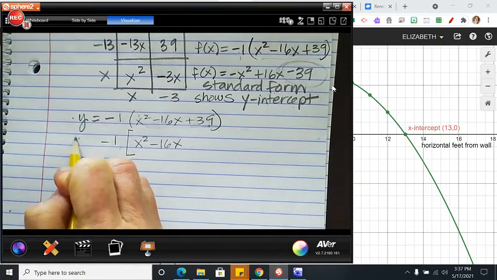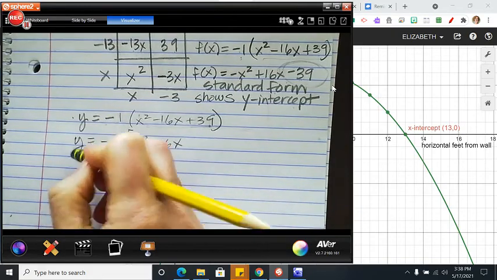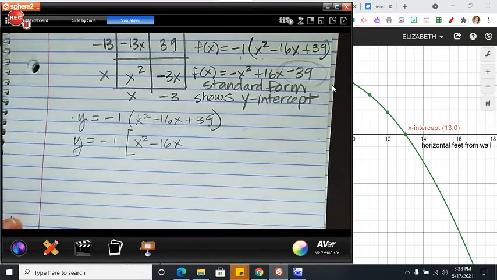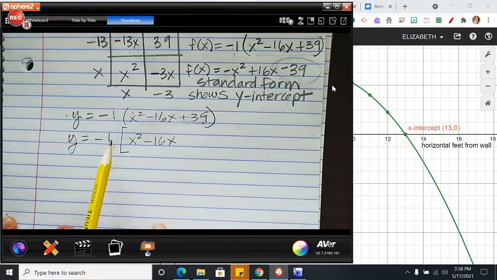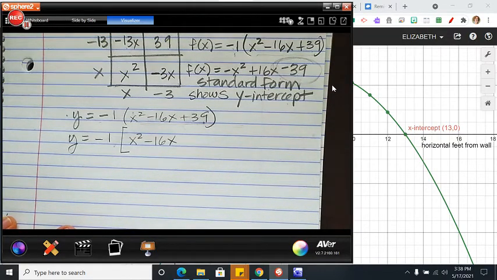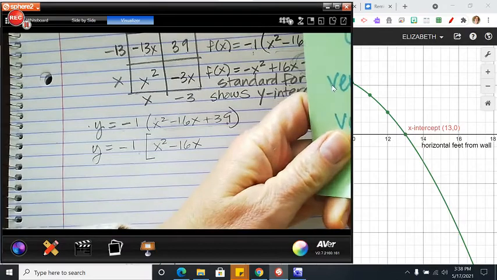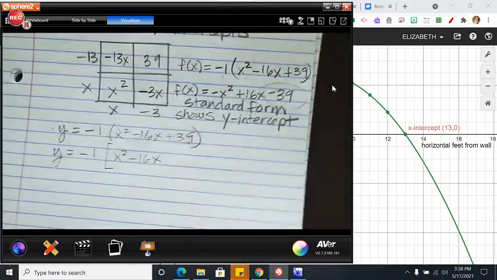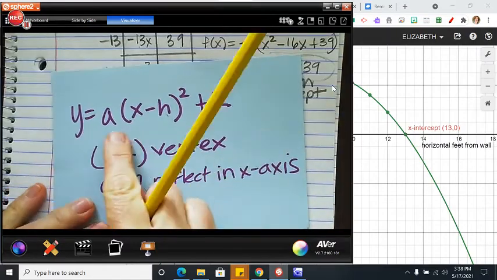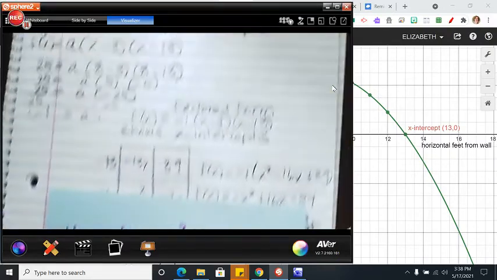This negative 1 hasn't disappeared or anything. I'm just not going to distribute it. I'm just going to leave it right out. Let's see, I think I have another card for vertex form. That is going to be this a value right here, just like it was in factored form.